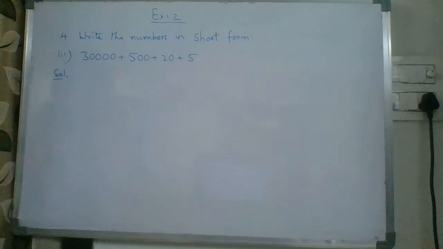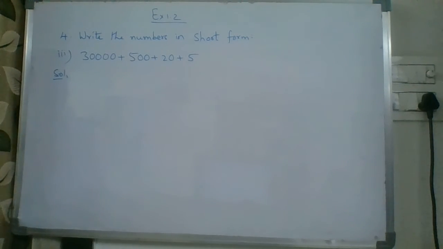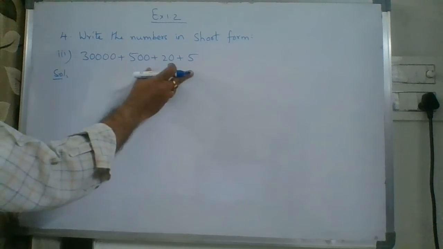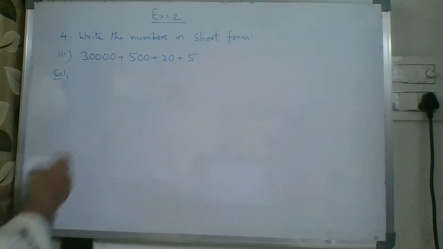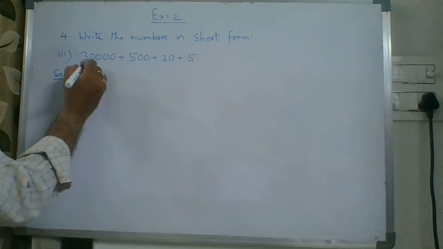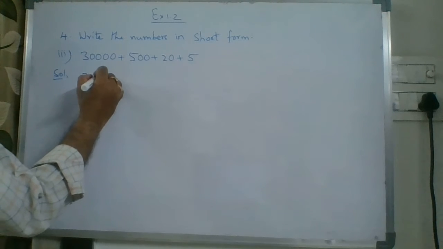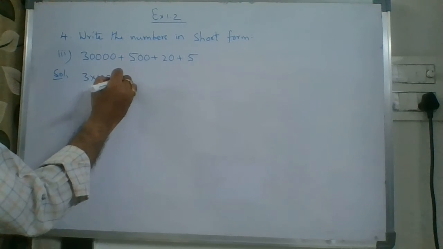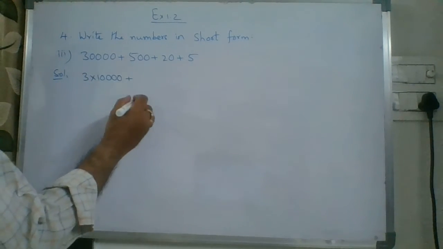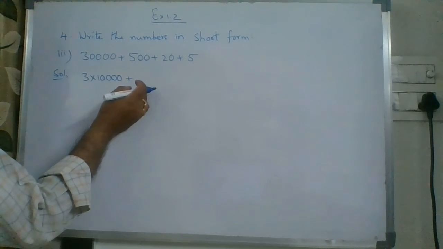Okay. Now the next question is write the numbers in short form. So this is given in expansion form. So this we have to write in short form. How do we write? See, this 3 is in 10,000's place. Therefore, this I can write as 3 into 10,000, isn't it? Plus, after 10,000, the next place on the right side will be thousands place.